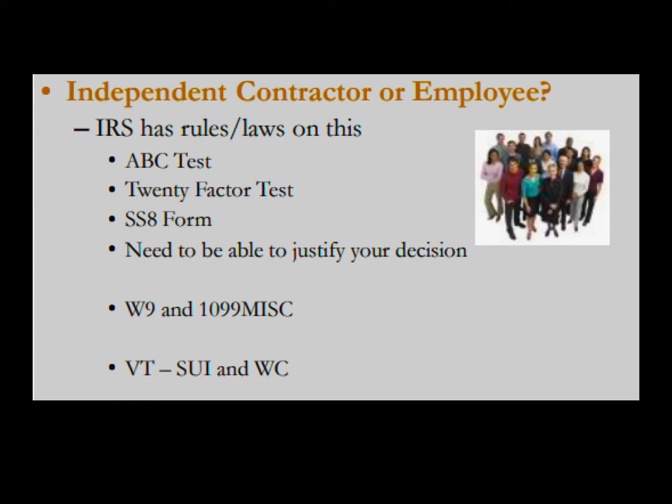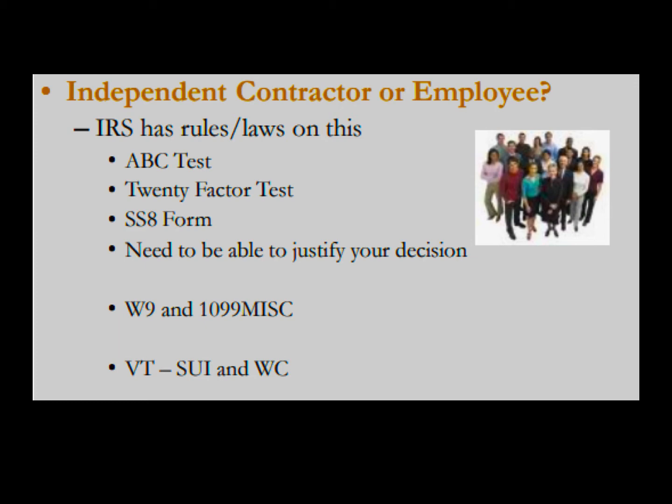However, withholding is not required for independent contractors who provide the company with their tax identification number, TIN. Additionally, the company does not pay Social Security tax or Medicare tax or federal and state unemployment insurance contributions on the payment for services provided by the independent contractor.